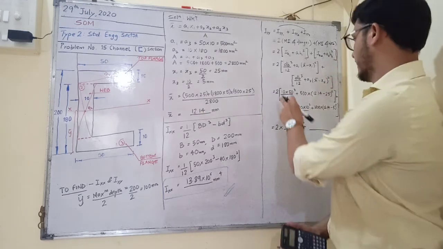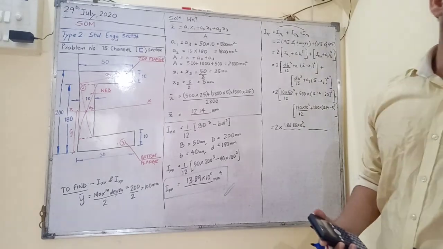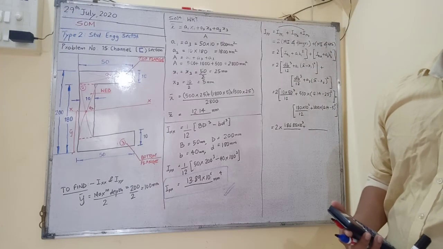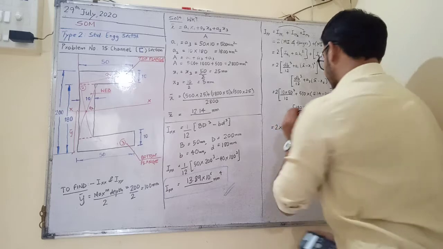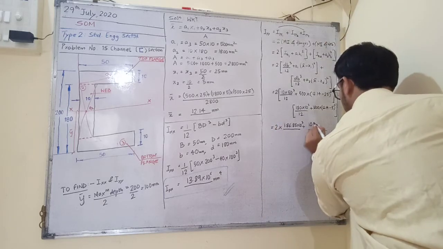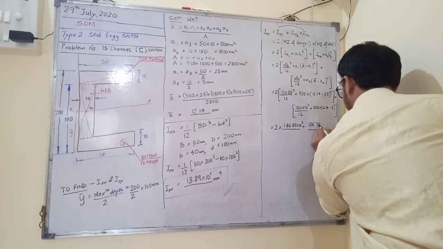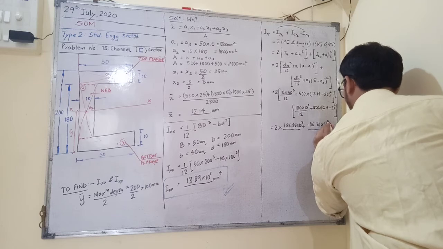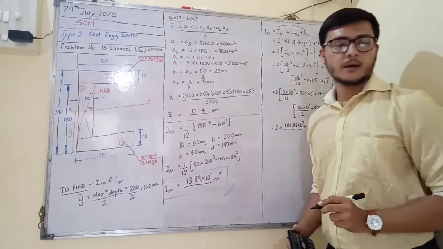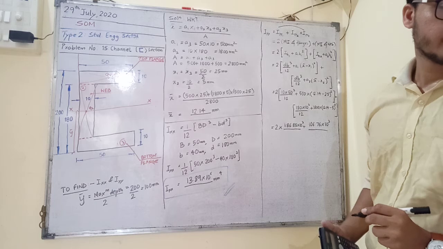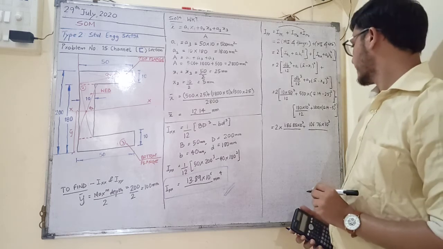This is the first bracket. On solving the second bracket, I got the answer as 106.76 into 10 raised to 3.